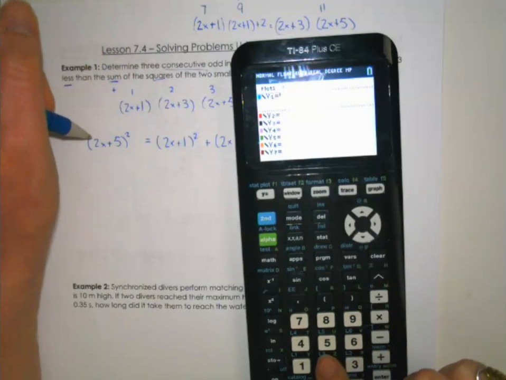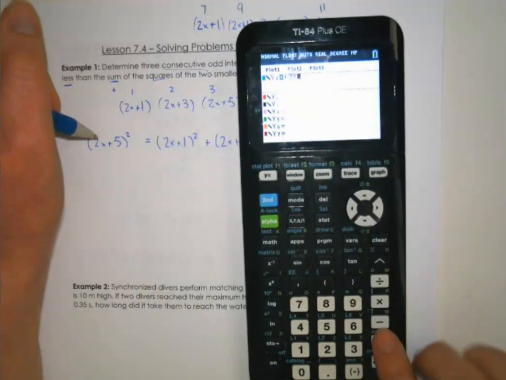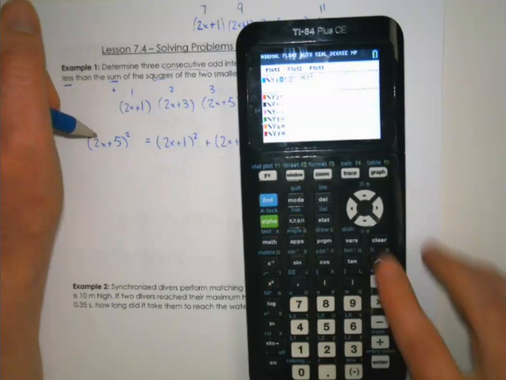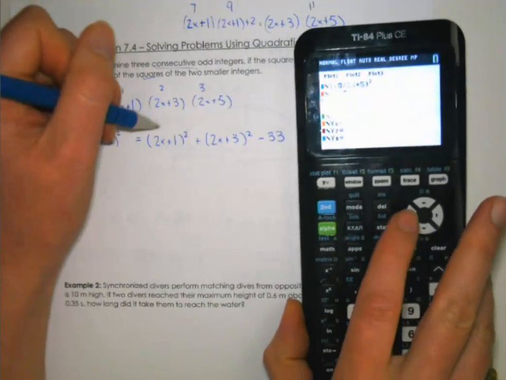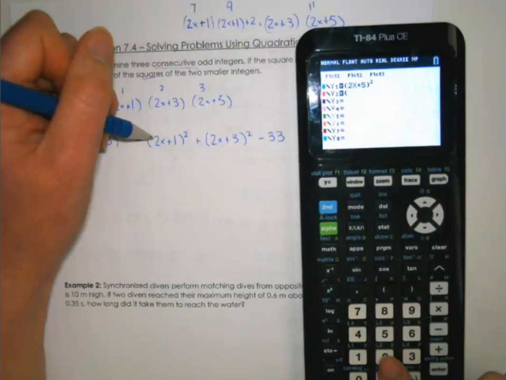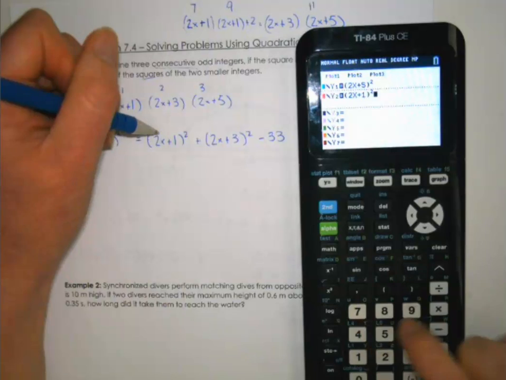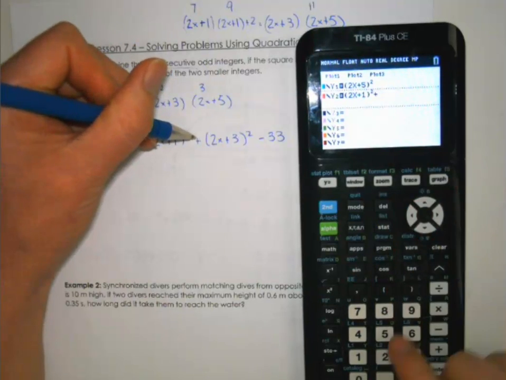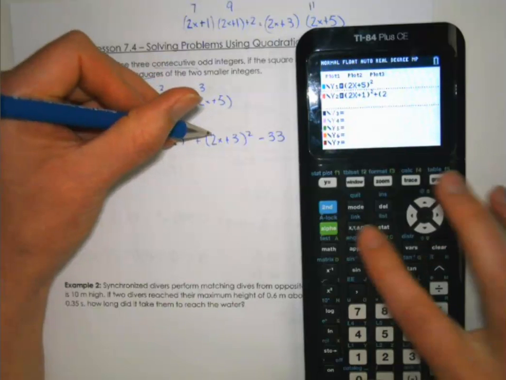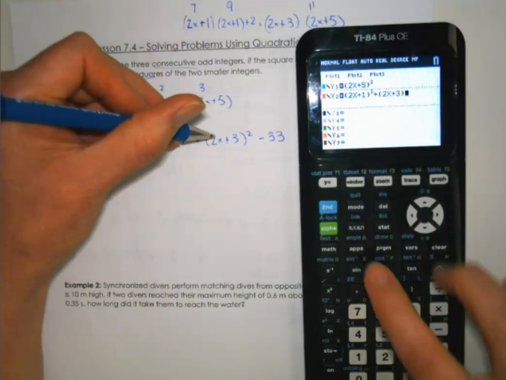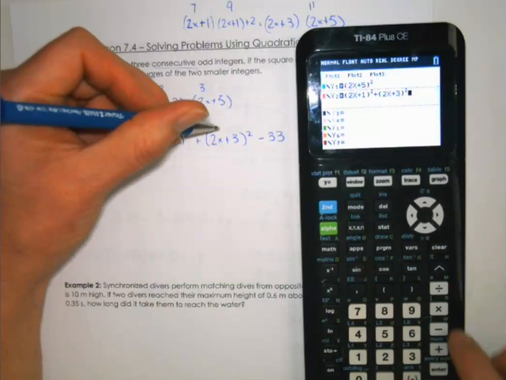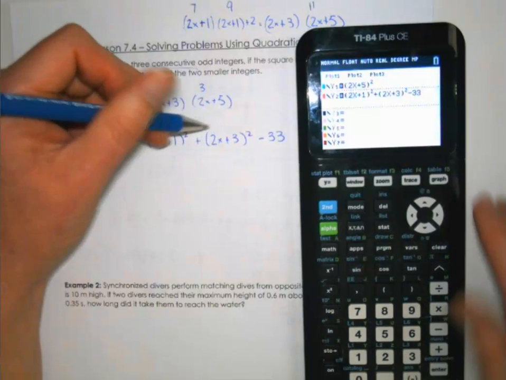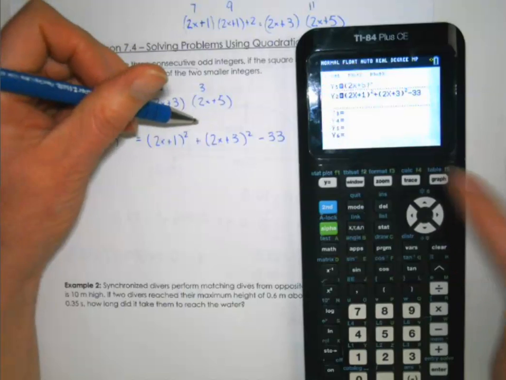So we would say bracket 2x plus 5 squared. And then the other side is going to be really complex: bracket 2x plus 1 squared plus bracket 2x plus 3 squared minus 33.